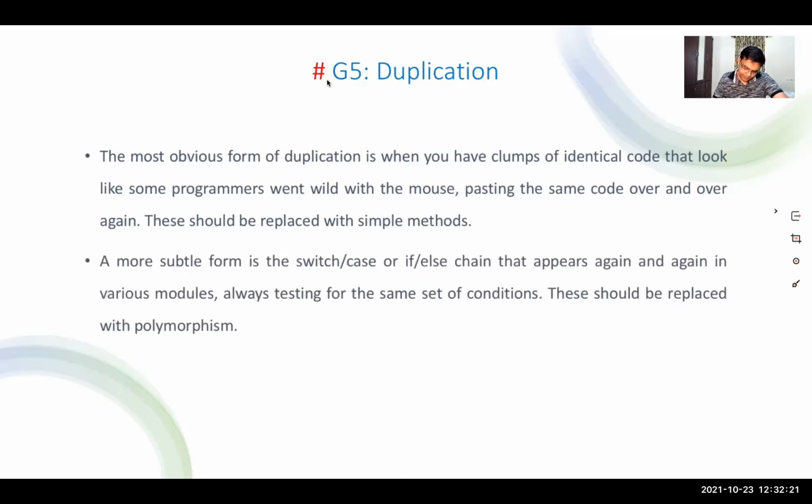Even a subtle form is the switch case or if-else chain that appears again and again in various modules. You look into a lot of if cases, a lot of switch cases with the same set of conditions. For example, a switch on employee type with a lot of cases, and this switch case is getting repeated in a couple of other places, maybe more.